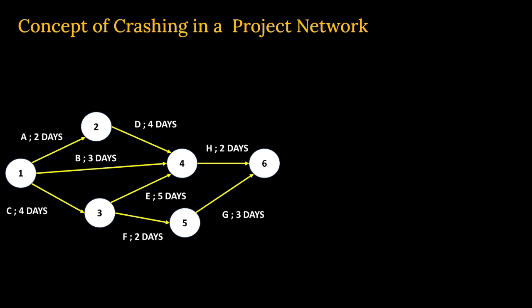Now, let us try to understand the concept of crashing in a project network with an example in front of you on your screen. Let us take one sample network. You can see that the project is starting from node 1 and ending at node 6.